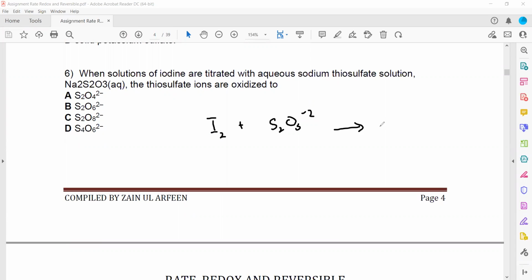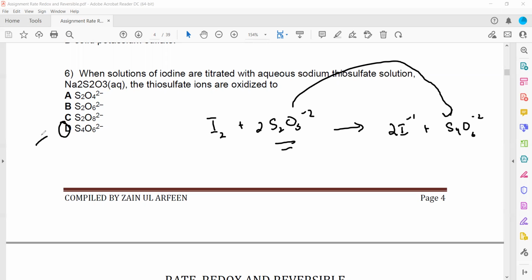As a result, it produces 2 iodide ions and S4O6 with a charge of 2 minus. The equation must be balanced, so this is the balanced equation. So the thiosulfate ion is oxidized to what? It produces S4O6. So that's why D will be the right answer.